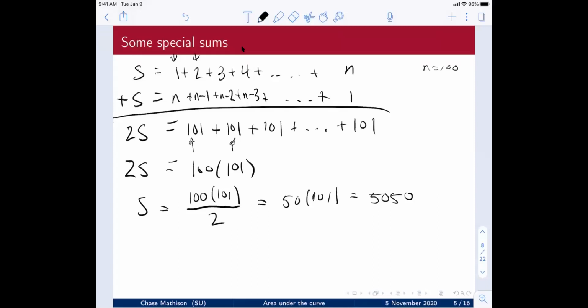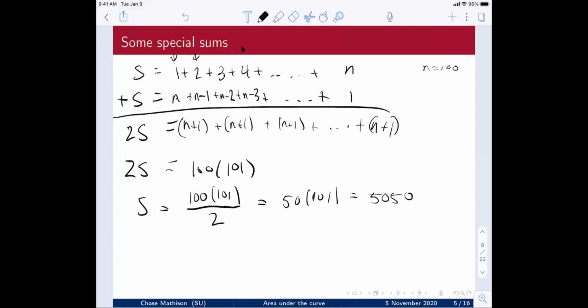But instead of getting 101, I'm going to get n plus 1 for every term. N plus 1 is n plus 1. N minus 1 plus 2, that's n plus 1. N minus 2 plus 3, that's n plus 1. And on and on we go.